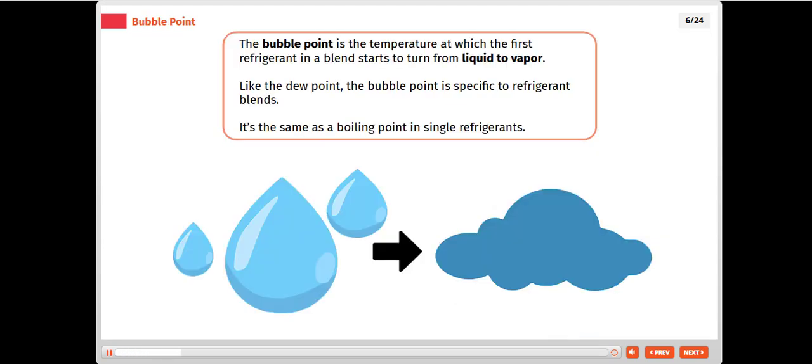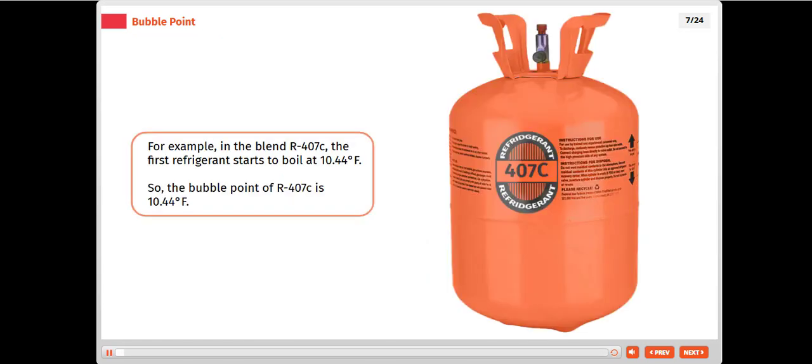The bubble point is the temperature at which the first refrigerant in a blend starts to turn from liquid to vapor. Like the dew point, the bubble point is specific to refrigerant blends. It's the same as a boiling point in single refrigerants. For example, in the blend R407C, the bubble point is 10.44 degrees Fahrenheit.